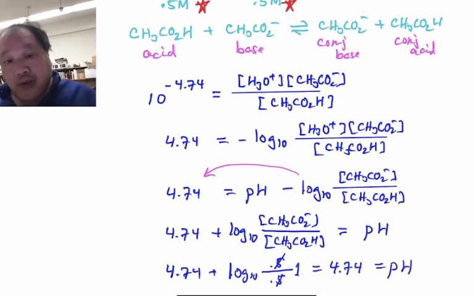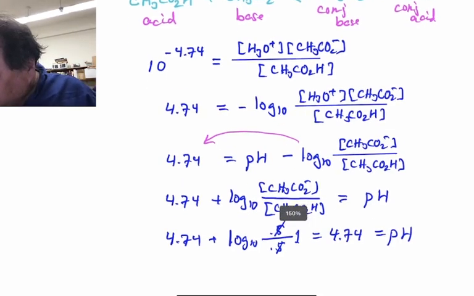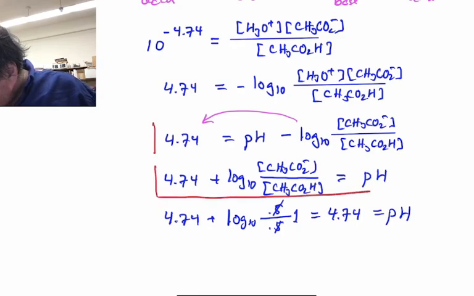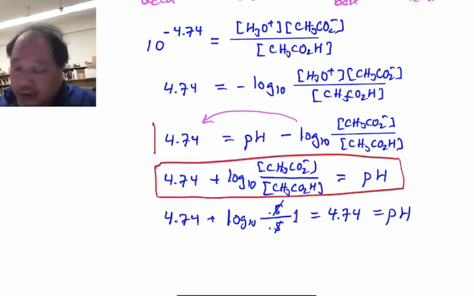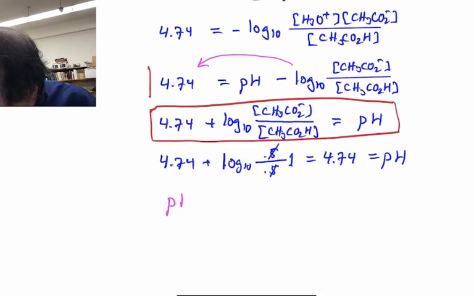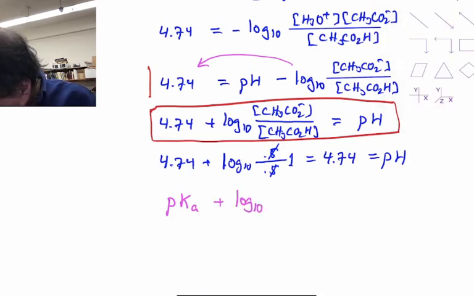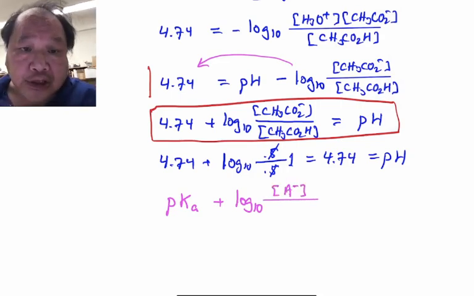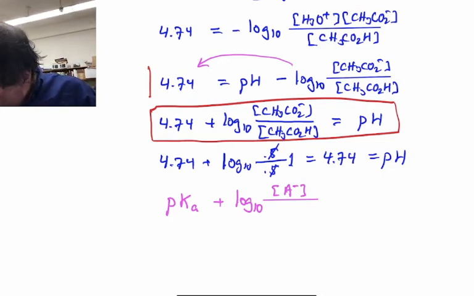So this is a very useful procedure, so we make it into an equation. If we look at this thing here, the equation is: 4.74 was the pKa, so that's the pKa of the acid, plus log base 10 of the initial, which is also the final, A minus concentration, where A minus is the CH3CO2 minus, divided by the initial acid concentration, is the pH.